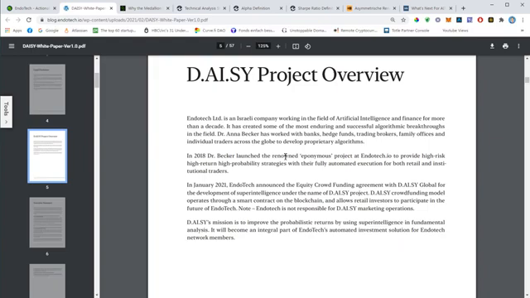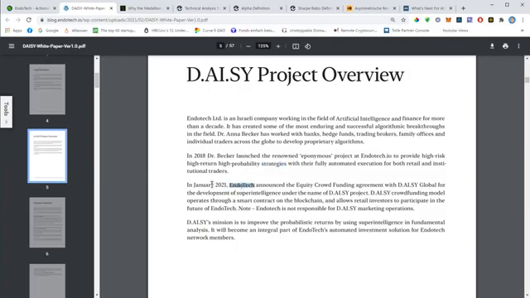The project overview first talks about Endotech. Endotech Limited is the technology provider, an Israeli company working in the field of artificial intelligence. In 2018, they started their algo trading. The company has existed for longer than that, but in 2018 they started using their algorithm to do high risk, high return, high probability strategies. The company was founded by Dr. Anna Becker, who is also the creator of this document.